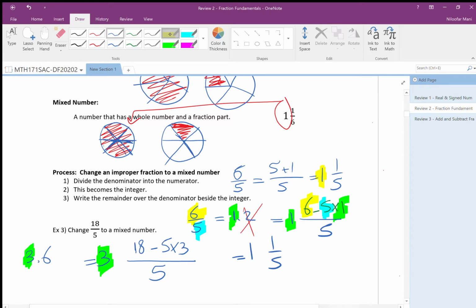So this is the same as that one, this one as this one, and the green one is here, which I did. And what is the answer? The answer is 3 and 3 over 5. 3 multiplied by 5 is 15, plus 3 is 18 over 5.